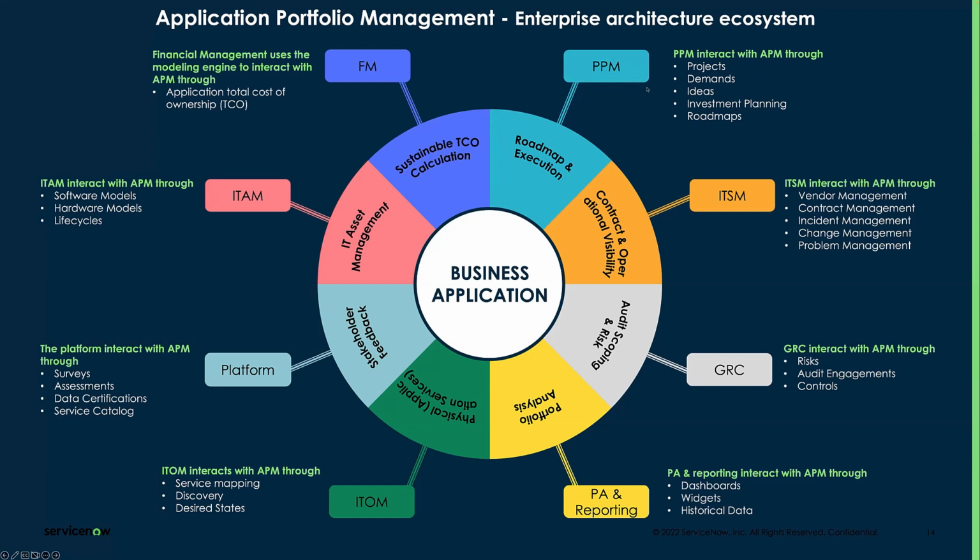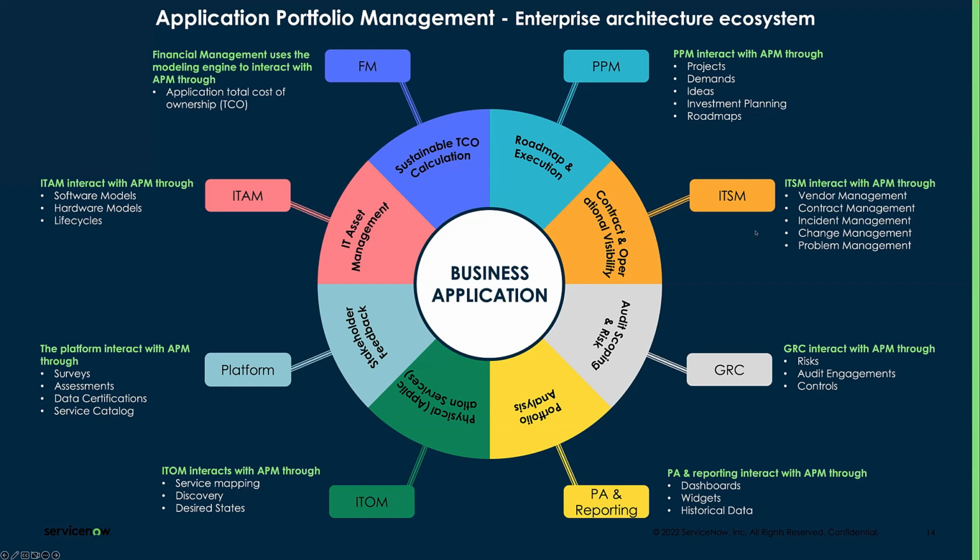Tie-ins, this is very important and dear to our hearts in our group. DPM, I should really change this to SPM. Your strategic portfolio, the strategic planning. This is where we tie into demands and requests, the business case to do things, and the execution, be it project or agile execution.